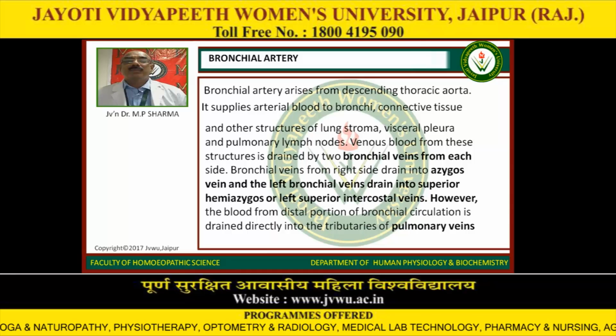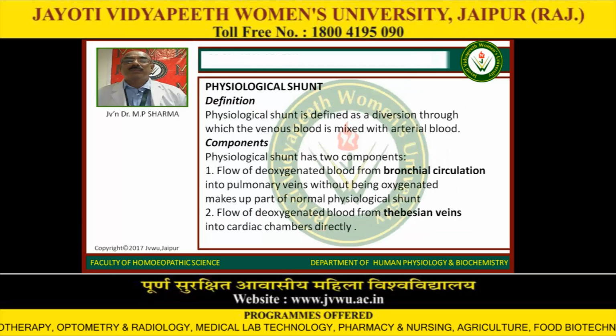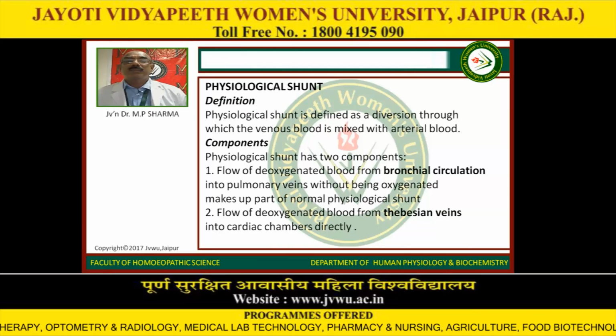Bronchial veins from the right side drain into azygous veins, and the left bronchial veins drain into superior hemiazygous or left superior intercostal vein. However, the blood from the distal portion of the bronchial circulation is drained directly into the tributaries of pulmonary veins.